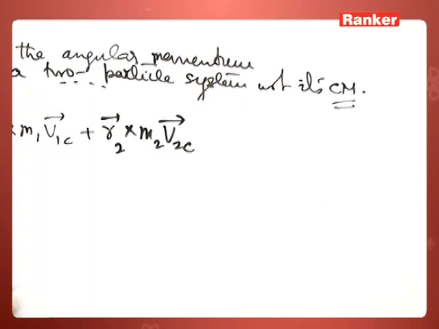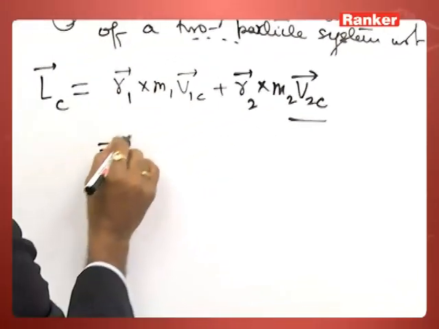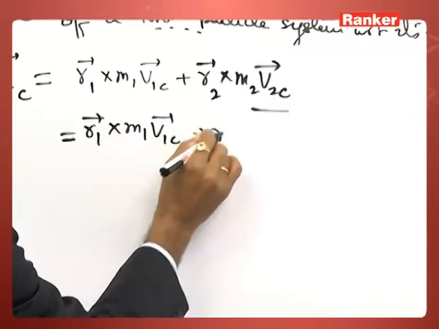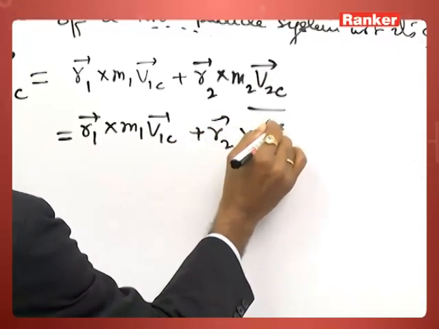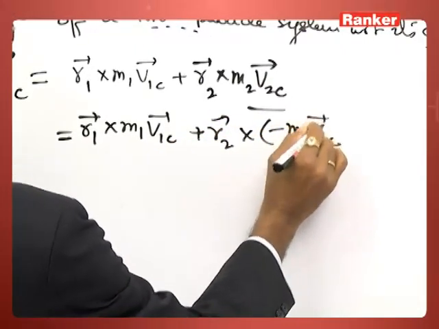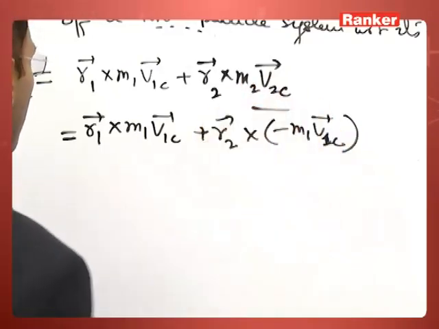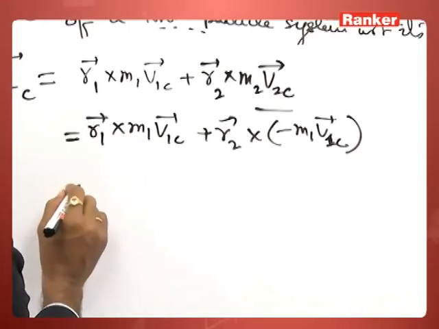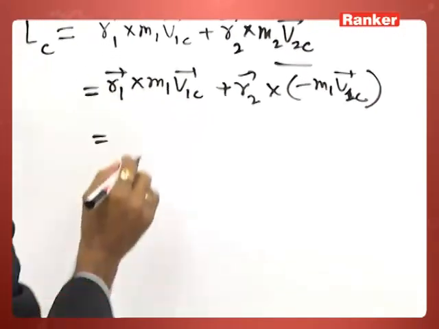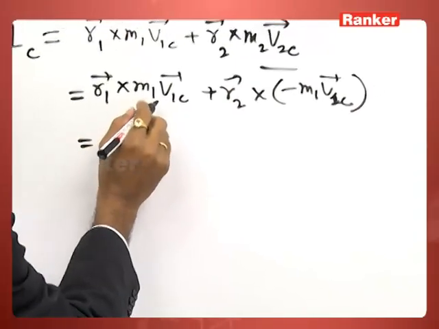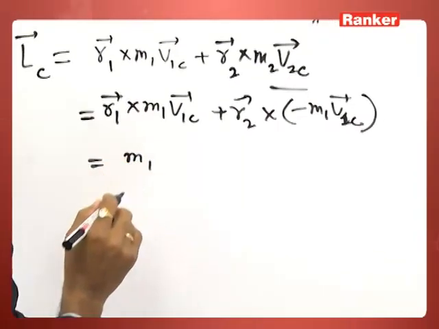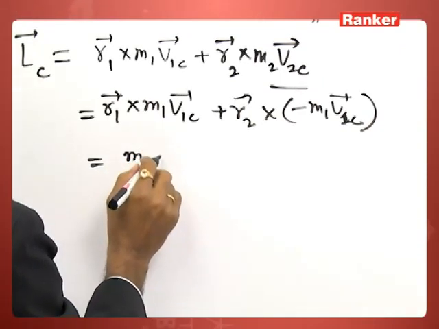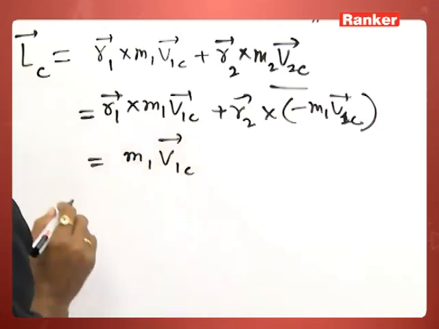If you write m2 v2c as minus of m1 v1c, without disturbing the first factor, we are getting m1 v1c, you take common.